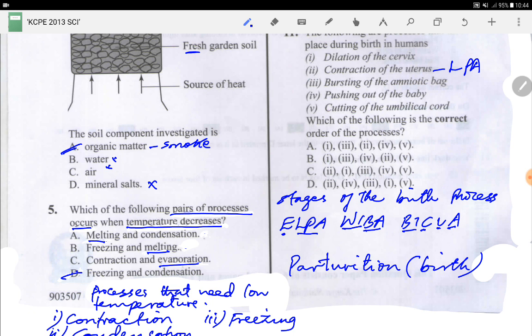Looking at the choices, A and B do not begin with Roman 2, meaning that choices A and B are incorrect. I've already eliminated them. I move on to C and D. Now, after we have contraction of the uterus, the next thing is dilation of the cervix. And that dilation is captured here, WI, dilation, or widening of the cervix. So Roman 1 must then follow.